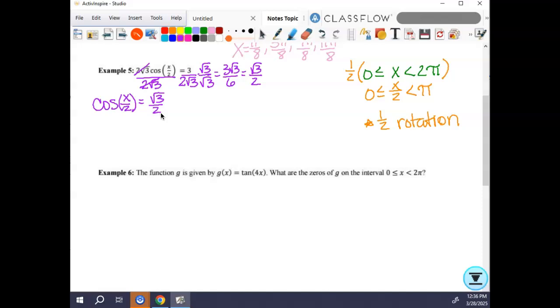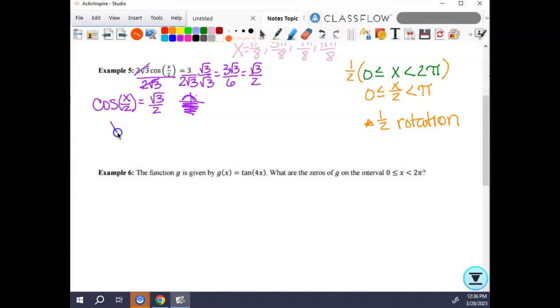Okay, cosine is positive in which quadrants? First and fourth, right? But I'm only doing half a rotation. That means I am only going from 0 to pi, so the bottom part of this doesn't even count. So I'm just going to mark it out so I don't do anything wrong. That means I'm going to get one number out of this.